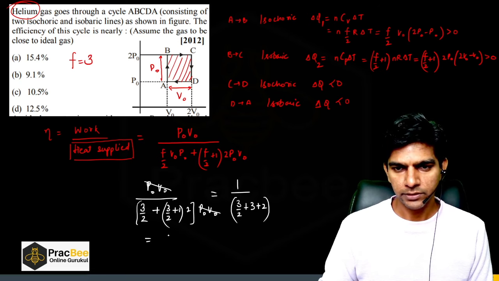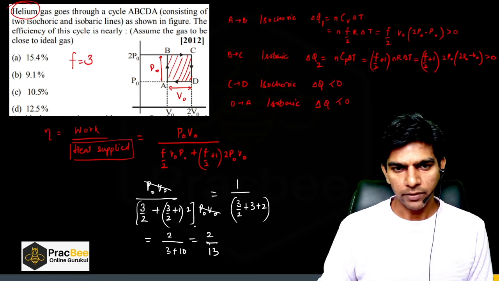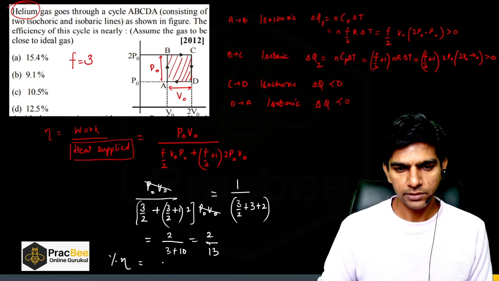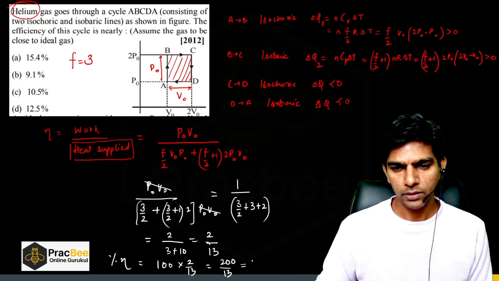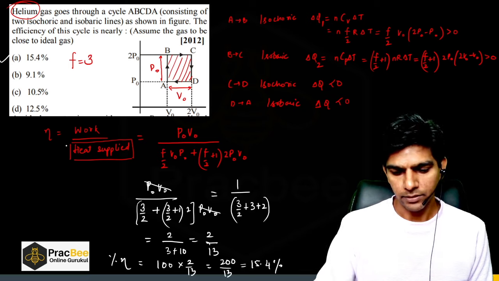And this can be written as 2 divided by (3 + 10), so it will be 2 by 13. Okay, so we have to find the percentage efficiency. So percentage efficiency is nothing but 100 times 2 by 13, which is 200 by 13, and which will be close to 15.4%. So option A is the right answer.